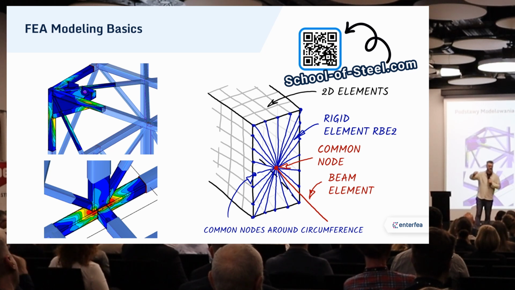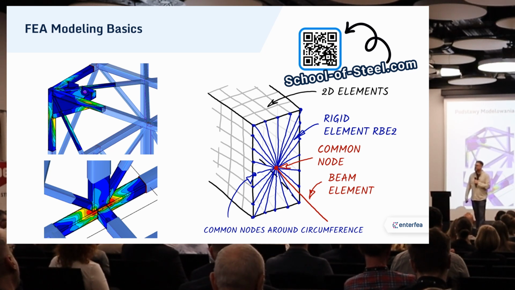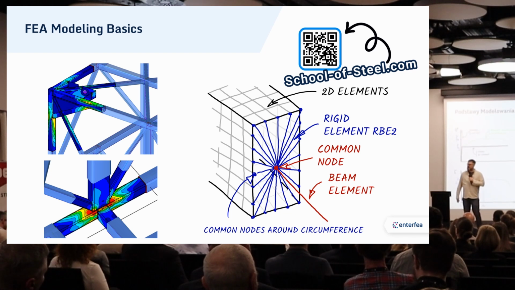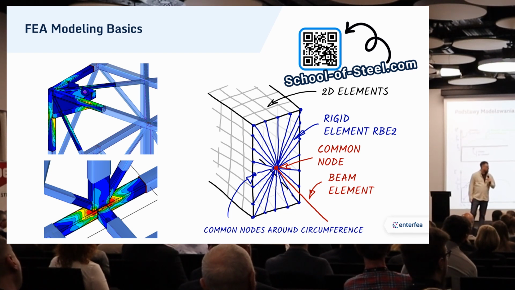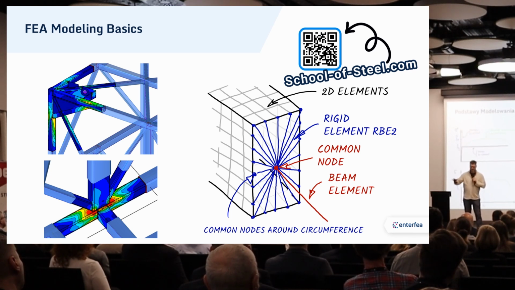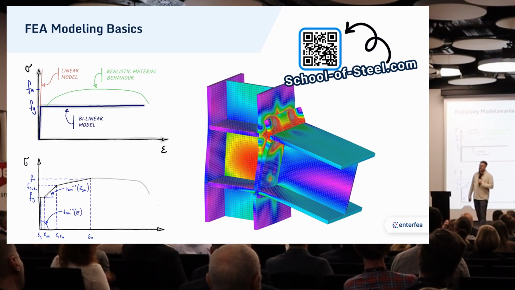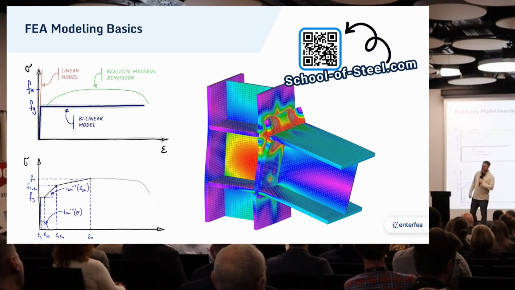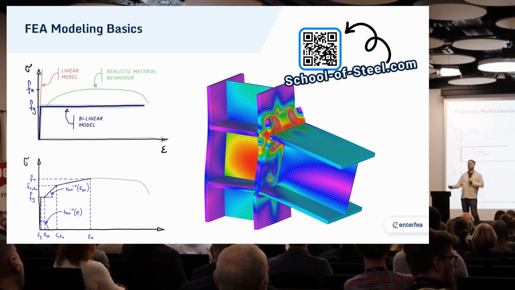Or you can use a rigid body element, so rigidly connect all the nodes on the circumference of the plated cross-section to one node at the center of gravity of the cross-section where the beam element will be connected. And this way you can make a smooth transition between the plate elements and beam elements, which makes the model work. Of course, you should also think about material model.